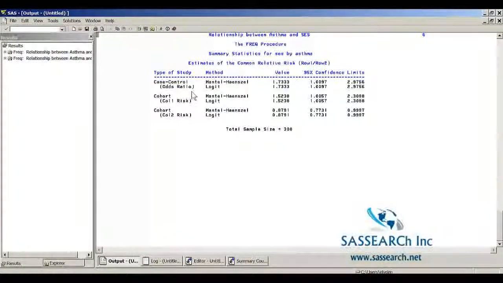And again, it's very similar to what we saw before when we asked for relative risk. We have the summary for the case control type of study with the odds ratio. We have the summary if your type of study was a cohort, so this would be relative risk, where we're looking at column 1 as the risk. And then we have the summary of relative risk, where we're looking at column 2 as our risk.